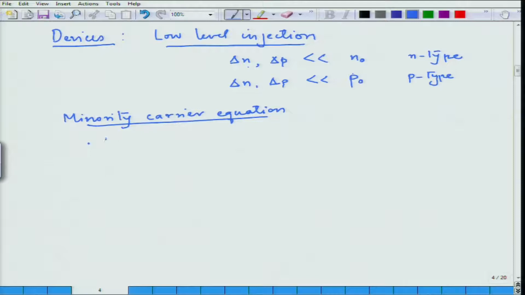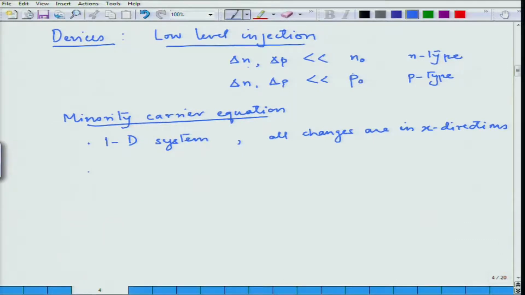In the simplified form from the general continuity equation, we are going to make certain assumptions. First of all, we will assume a one dimensional system, which basically says that all our carrier concentrations are changing only in the x dimension. So, all changes are in the x direction, and in other directions things are relatively constant.